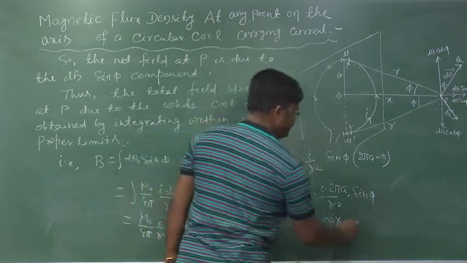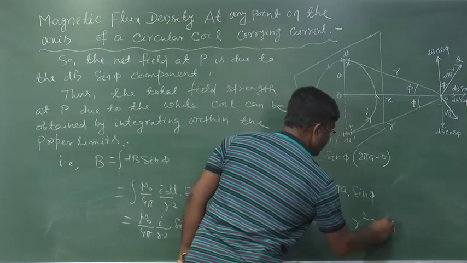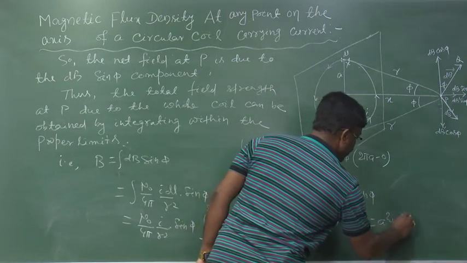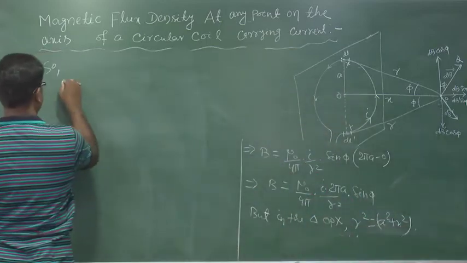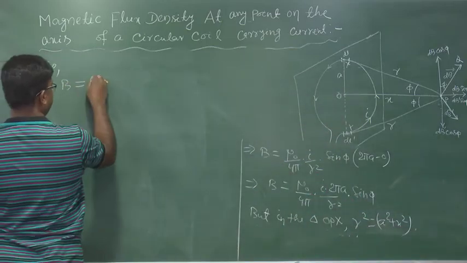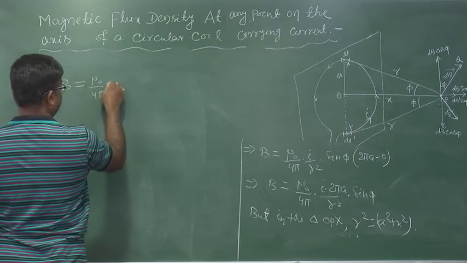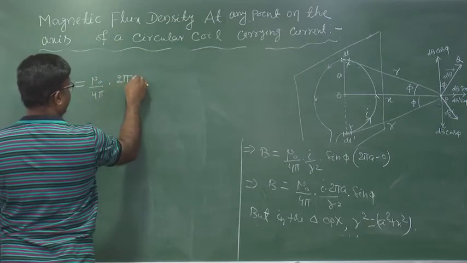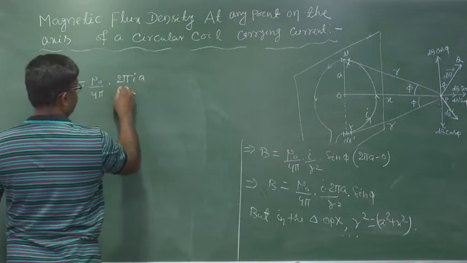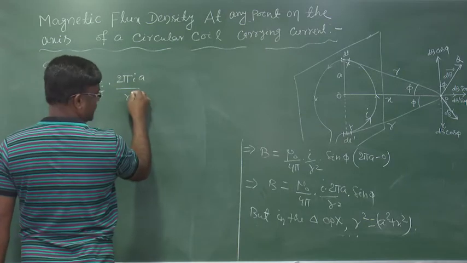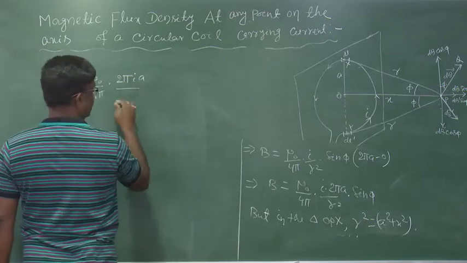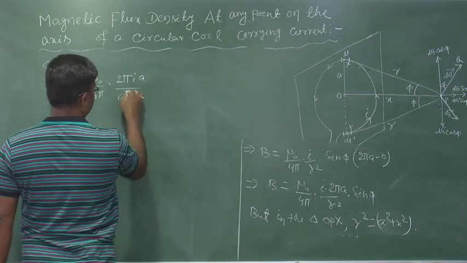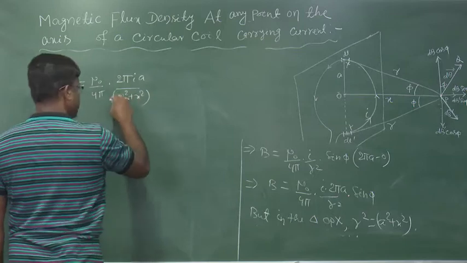So, our B becomes mu 0 by 4 pi 2 pi I a by r square, and in place of r square we can write a square plus x square.